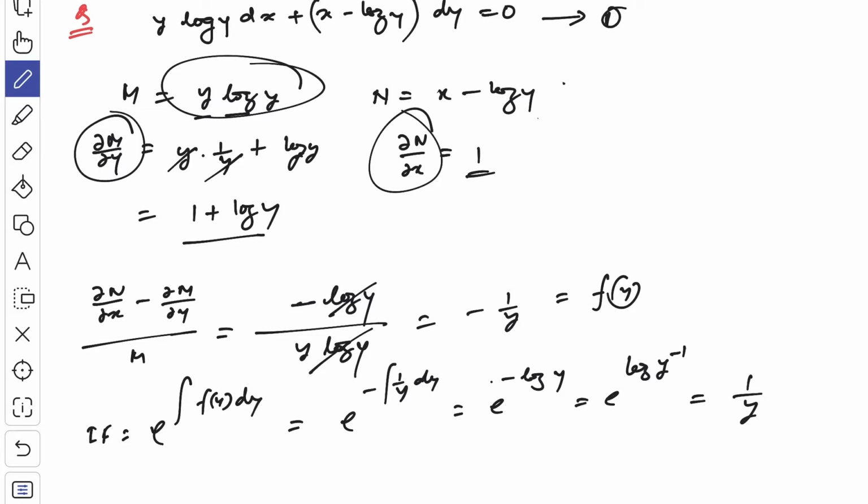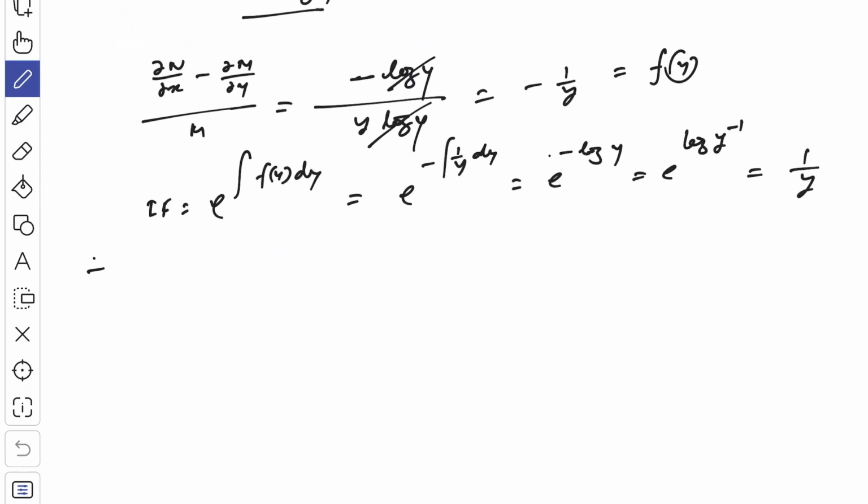Now this is equation number 1. So we are going to multiply this 1 by y with equation number 1. So then what will happen? If you multiply 1 by y with this term, then this y will be cancelled, and here if you multiply 1 by y, then it will be x by y, and here it will be log y by y. So hope you have understood this. Now let's multiply.